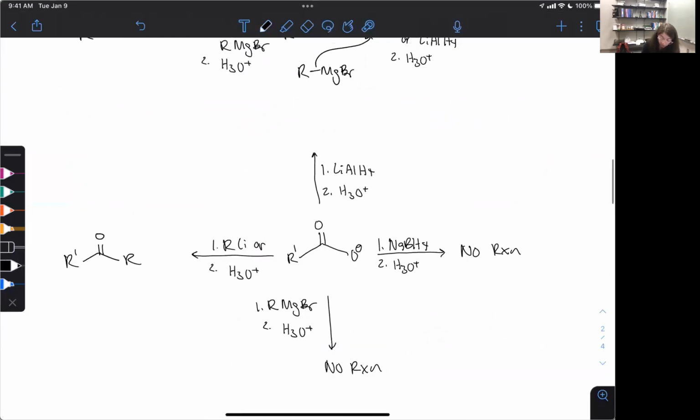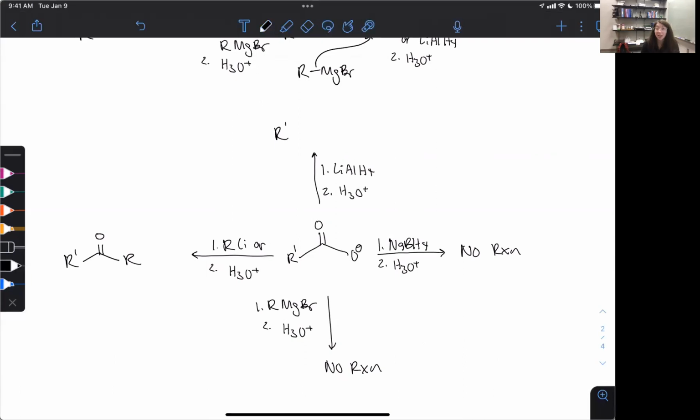Okay. For lithium aluminum hydride, it's going to be a little bit of an interesting mechanism. I'll probably do a separate video with the LAH mechanism for carboxylates and amides, just because they're a little more complicated. I'm not going to expect you to know them, but I know a lot of you want to know about the mechanism, so I will probably make a separate video for that one.